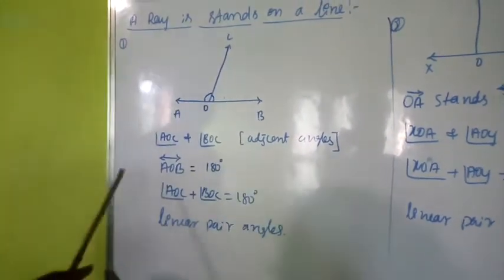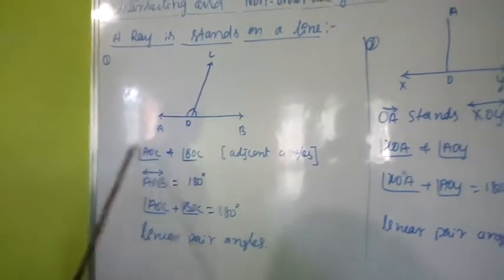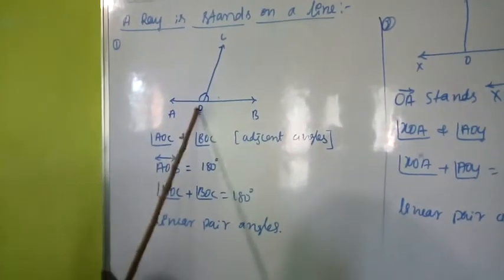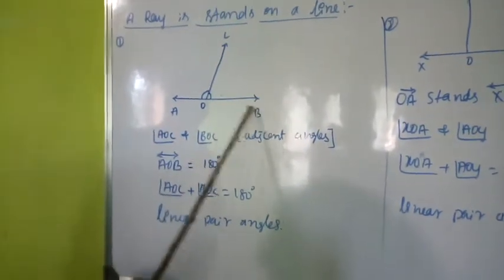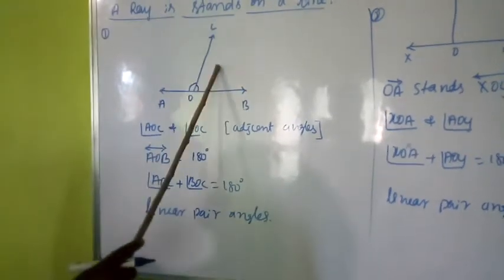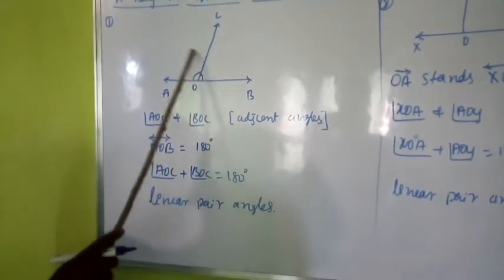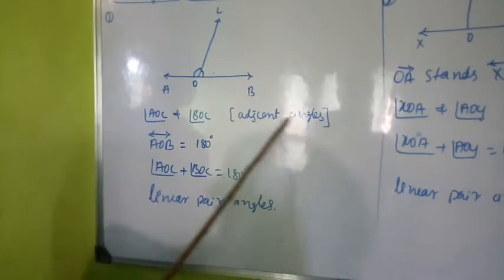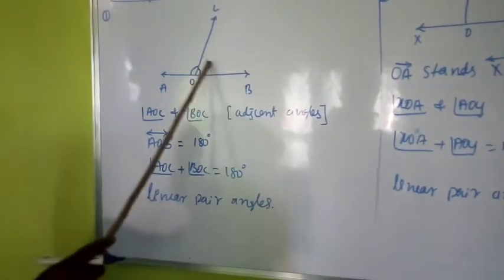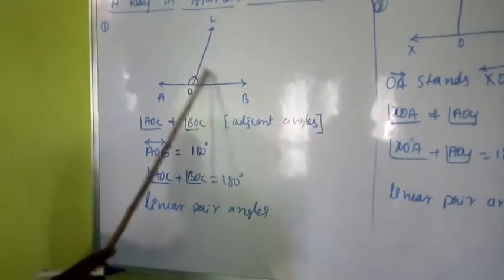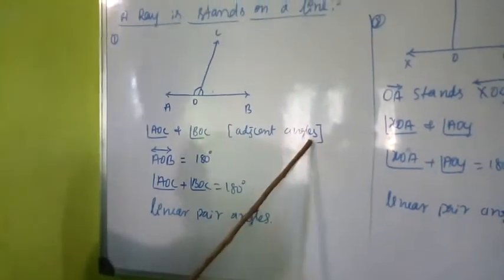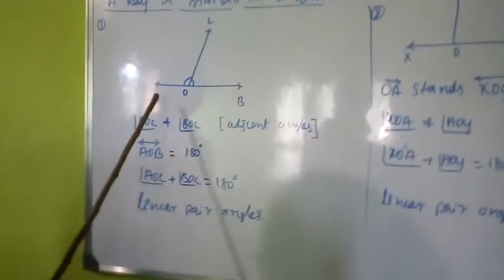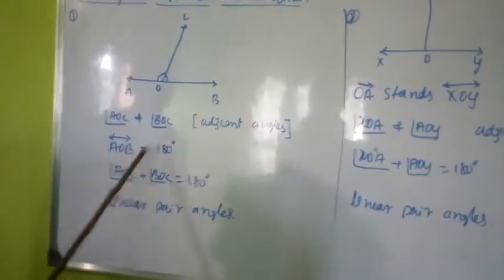Then two angles are formed here, AOC and BOC. Already we know that such a type of angles is called adjacent angles, because they are one beside the other. Okay, so here AOB is your straight line, is it right?